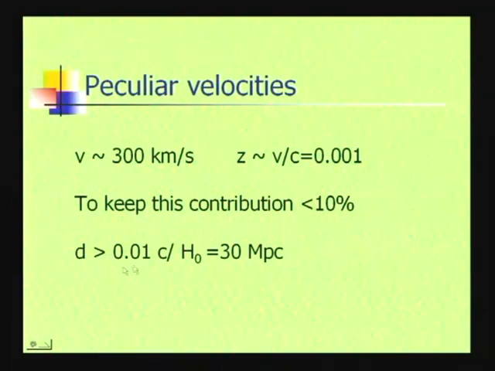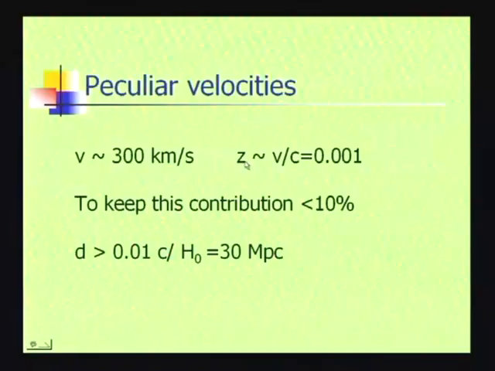or you have to consider galaxies at distances which are 0.01 into c by H naught, and I have taken H naught to be 100 here. So, this gives an estimate of the distances where I have to look if I want to get a reliable estimate of the Hubble parameter. So, I would then have to look at distances greater than 30 megaparsec.